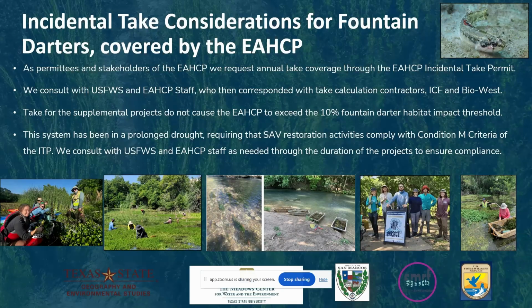There's take assigned to all kinds of activities, like the city of San Marcos applies for take for all of the people that come and access the river, and only so much is allowed. And so our activities, as permittees of the system, we calculate take for everything that we're doing, and then that goes into an estimate of how much work we are allowed to accomplish each year, if that makes sense.